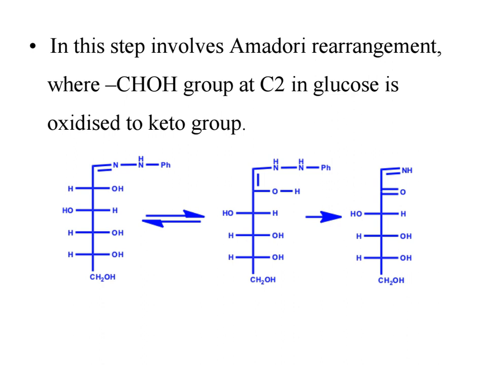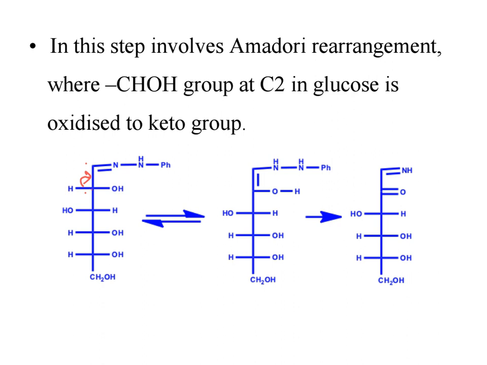In the second step, after forming phenylhydrazone, there is a rearrangement involved in this process. Here this is the first carbon, and the second carbon has a hydroxyl and one hydrogen. This hydrogen is involved in the rearrangement; it gives its bonded pair of electrons to the carbon-carbon bond.